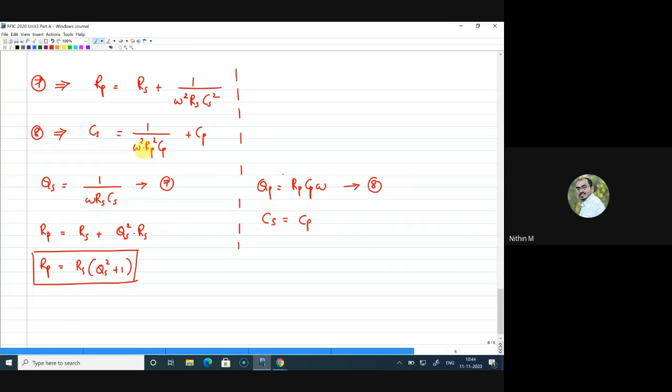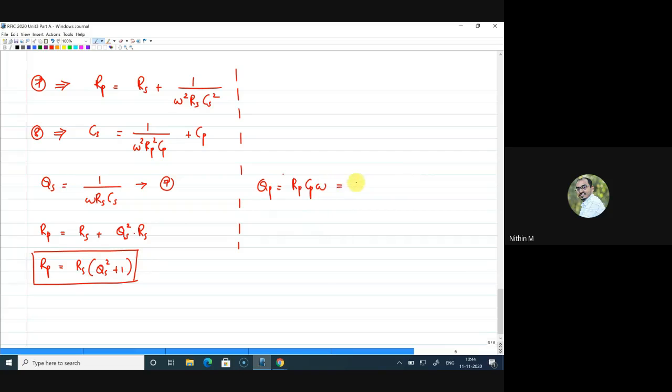So 1 by omega square Rp square Cp square is Qp, right? So Qp is this.